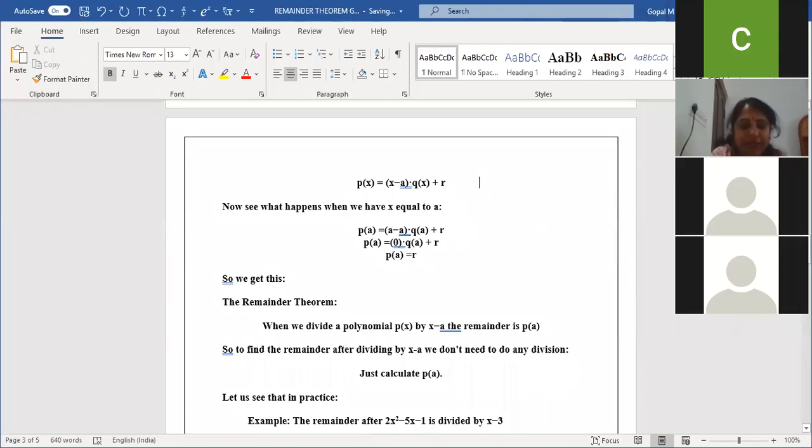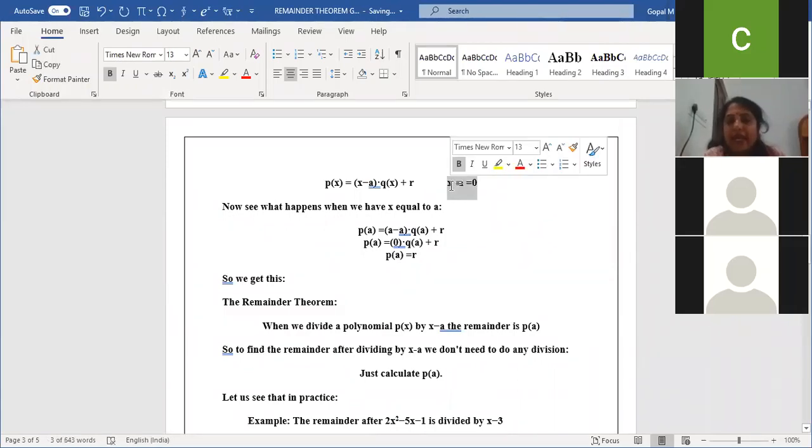Now, if we take x minus a equals 0, x minus a is a zero of the polynomial. Are you all observing what I'm typing here, children? Yes, ma'am. If x minus a is a zero of the polynomial, then what is the value of x? Yesterday you did this, no?